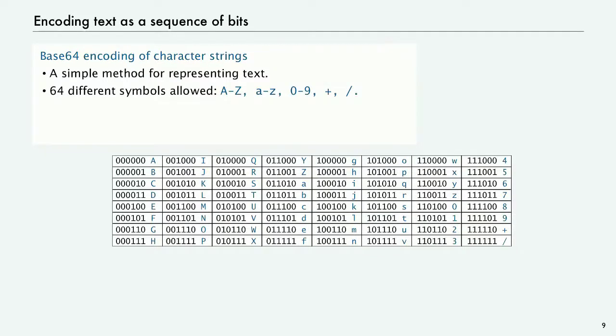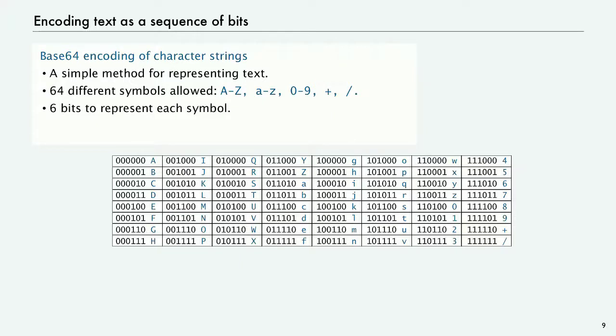There's 64 different symbols, 26 capital letters, 26 lowercase letters, 10 digits, plus and slash. And that means we can represent each symbol with 6 bits, starting with 000000 and working up to 111111. This is the binary number system, just going from 0 to 63, 64 different symbols.